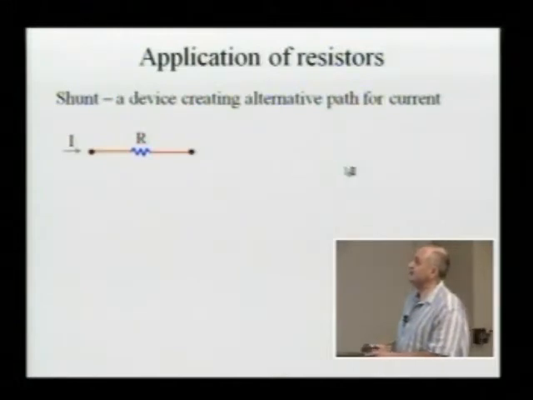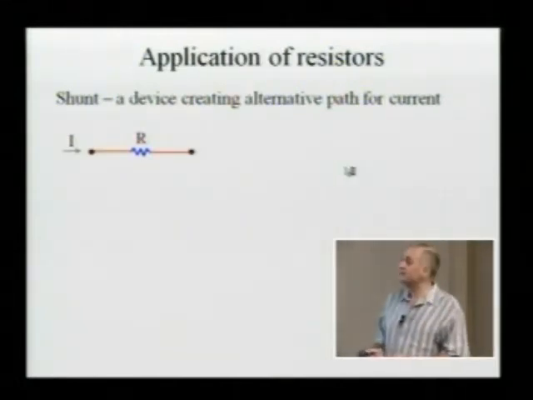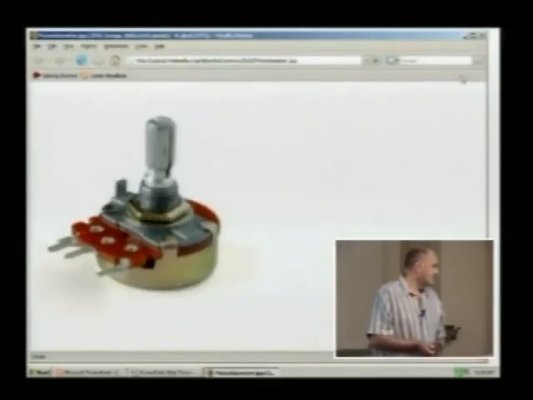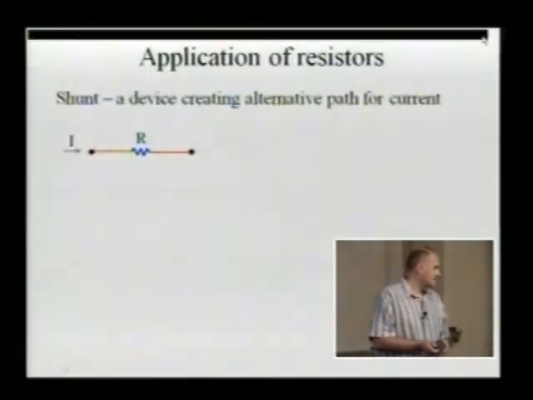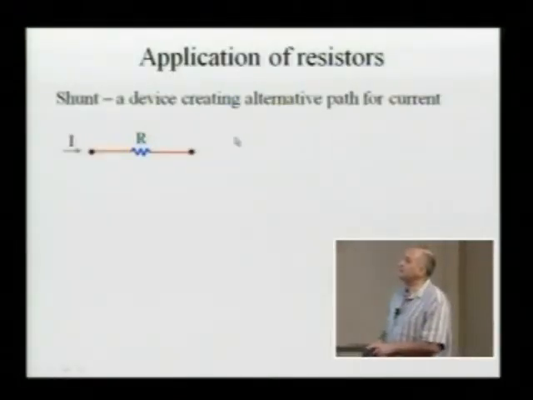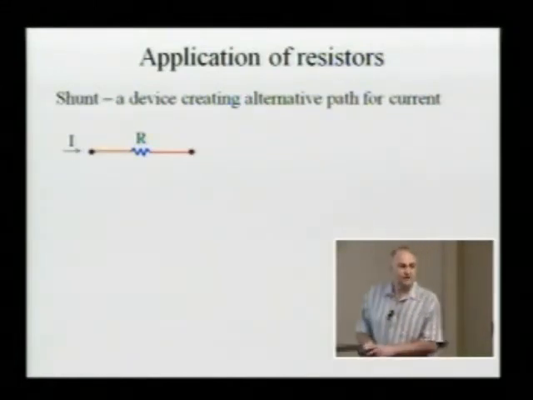Well, here's another application of a resistor. We can use it as a shunt. A shunt is a device which creates an alternative path for current.